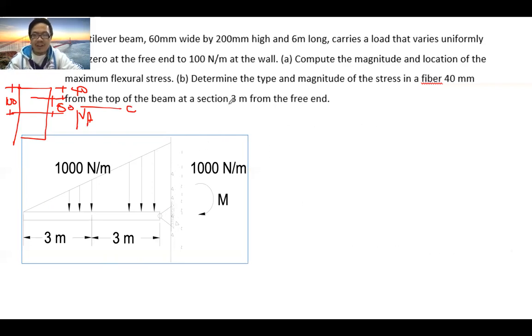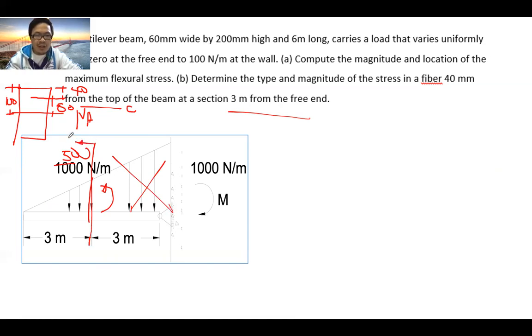Pero again, pinapa-compute din yung magiging moment at a section 3 meters from the free end. If this is 3 meters, ito lang yung pinapa-compute niya. Ibig sabihin, what is the moment here? Okay? 500 to. Anong moment niyan? So, yung moment niyan, if we're going to cut this section, erase natin to. Ito lang yung consider natin.